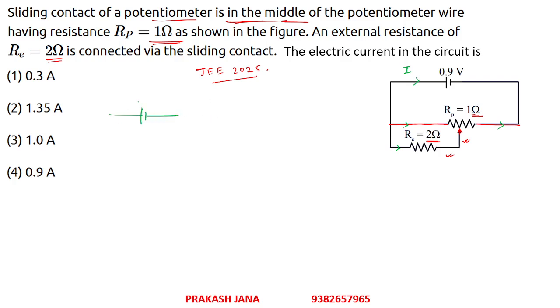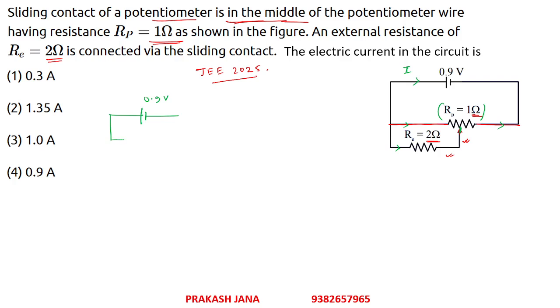This is the external power supply of 0.9 volt, and here the total resistance is 1 ohm, the resistance of the potentiometer wire. The sliding contact is at the middle of the potentiometer wire.